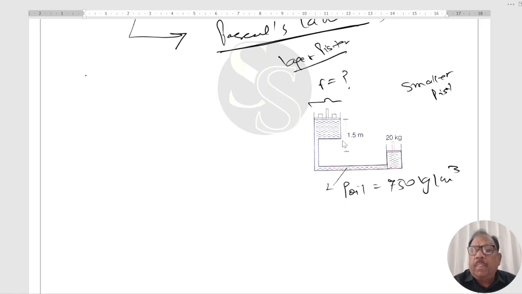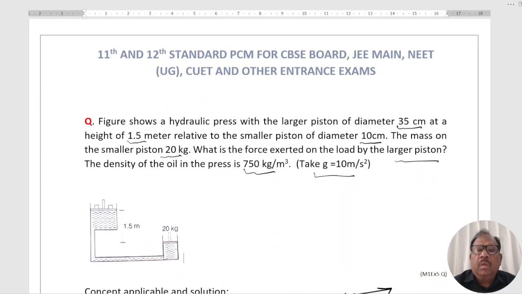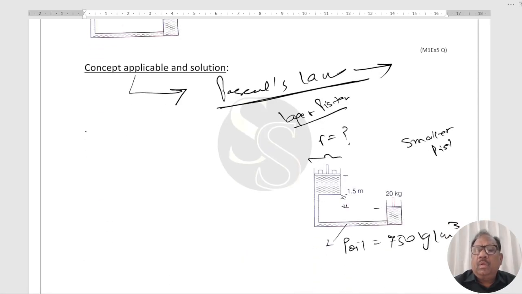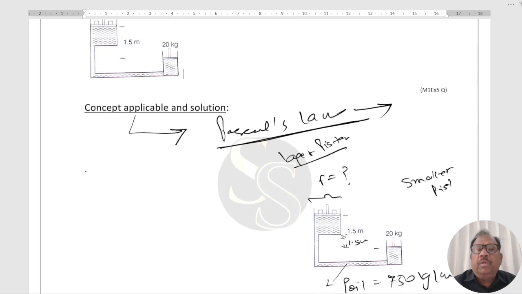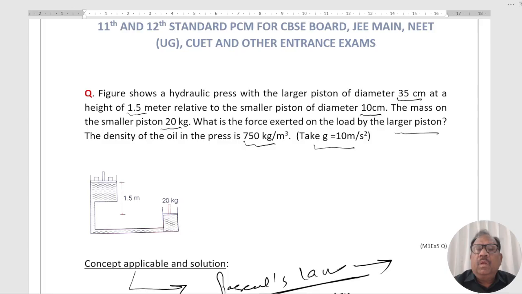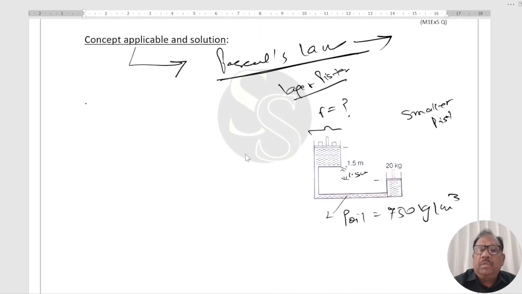Now this difference is given as 1.5 meter, right? And the diameter of the larger piston is 35 centimeter, and the diameter of the smaller is 10 centimeter, right?